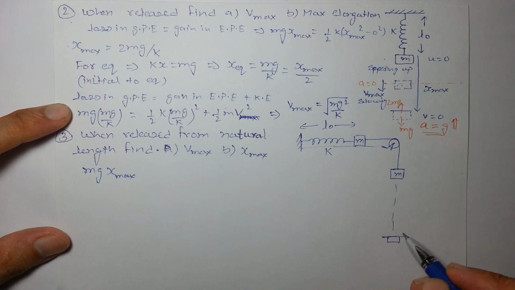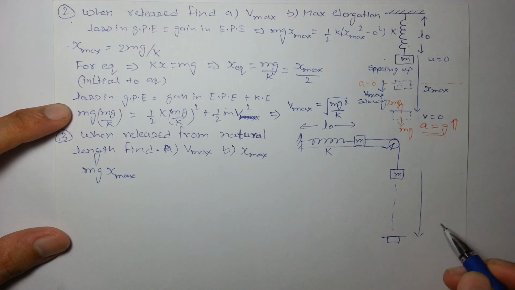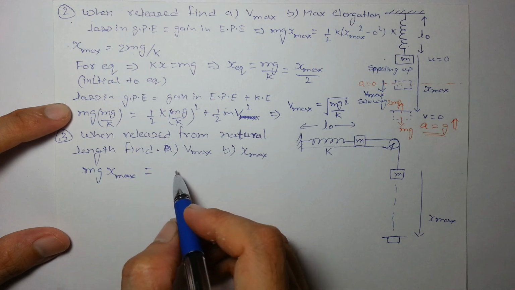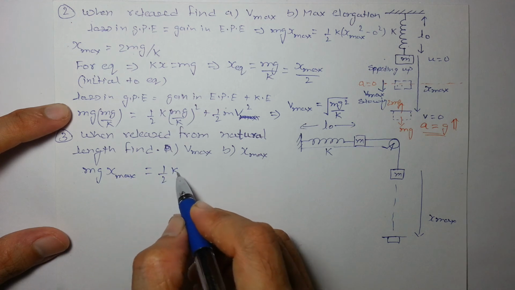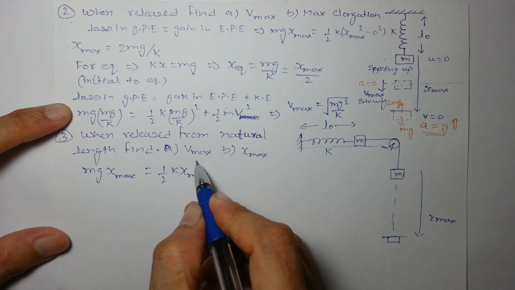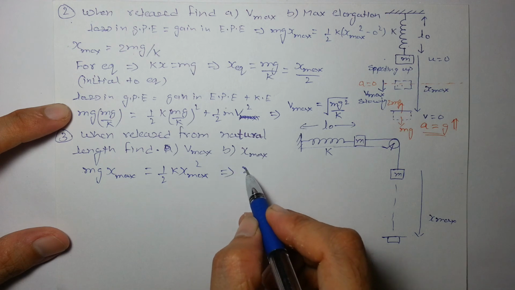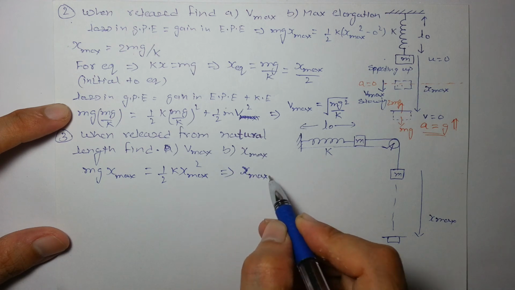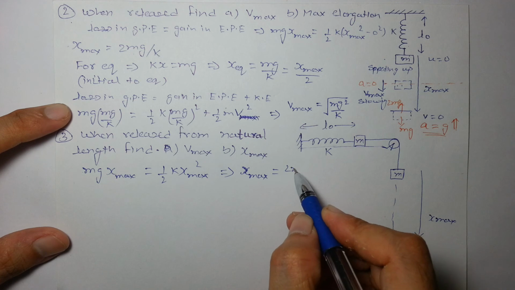So mg x max is the loss in PE, half k x max square. Again x max will come out to be similar, which is 2 mg by k.